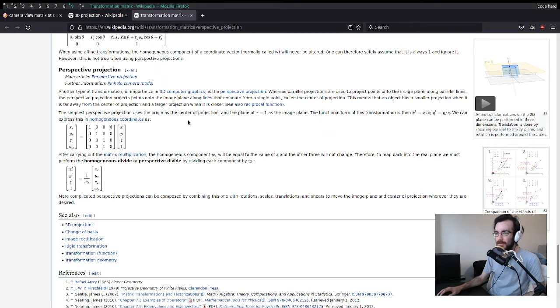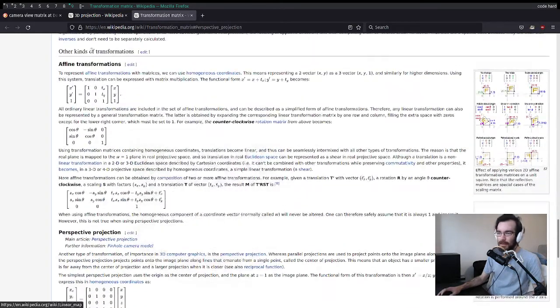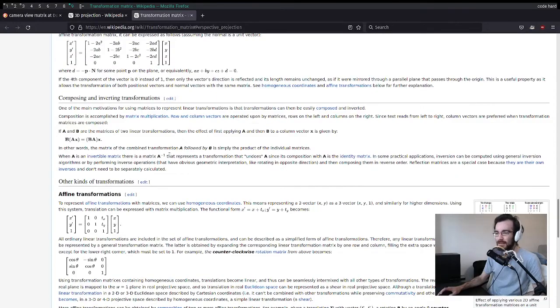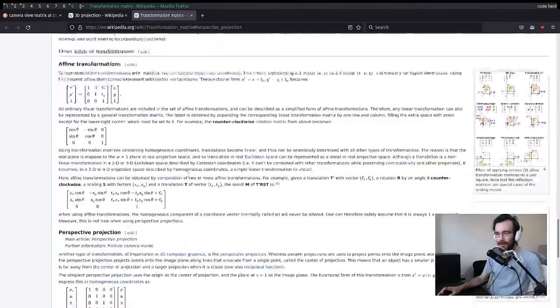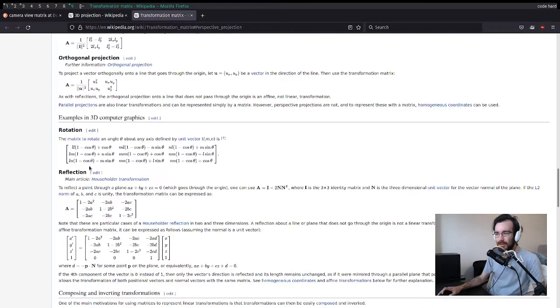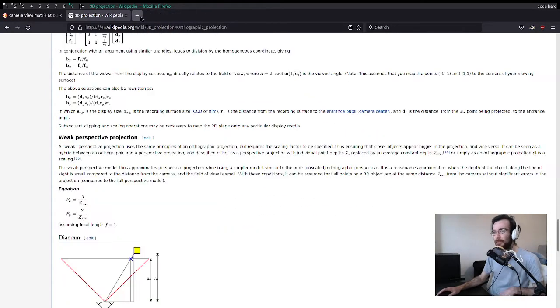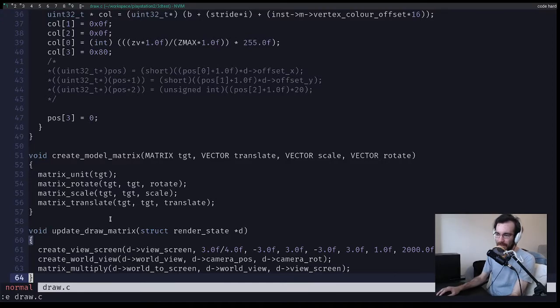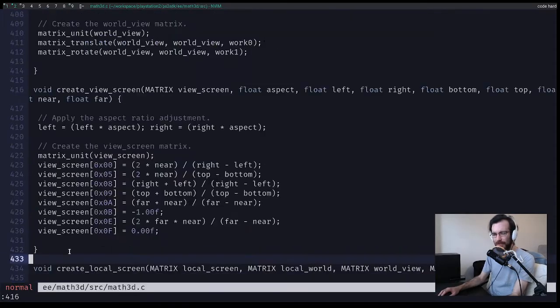We can express the homogeneous coordinates as a matrix multiplication. Okay, so this isn't quite what I want. Reflection, rotation. Anyway, this is a little bit different to how I've done 3D matrices before.